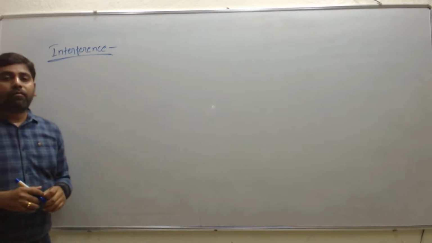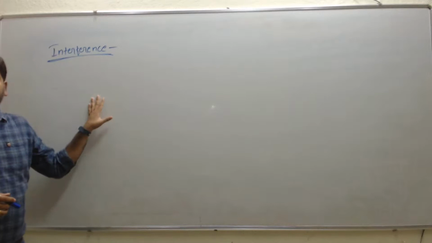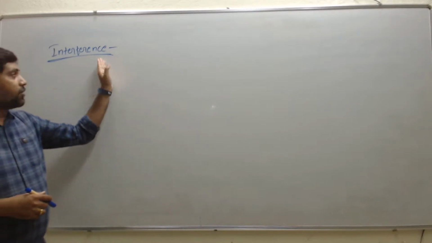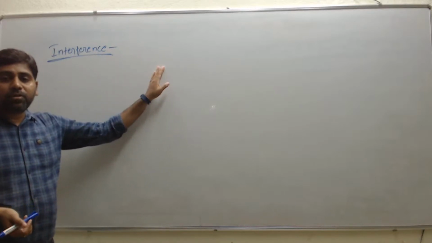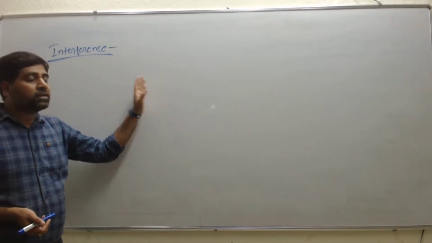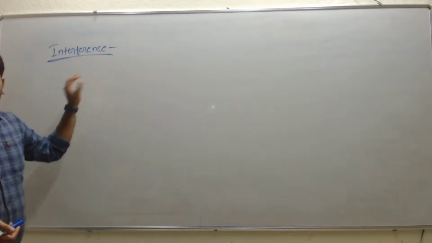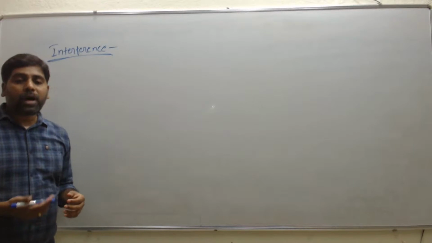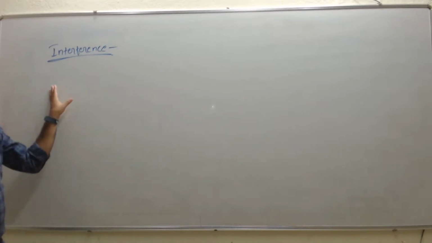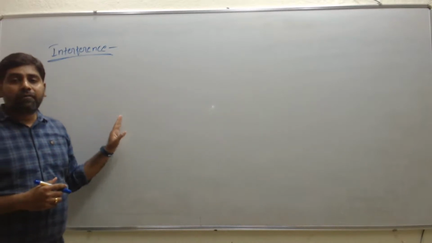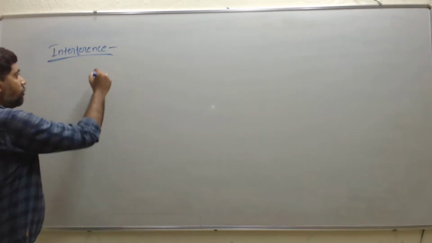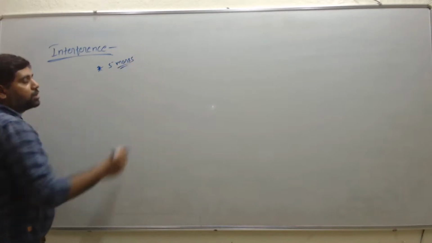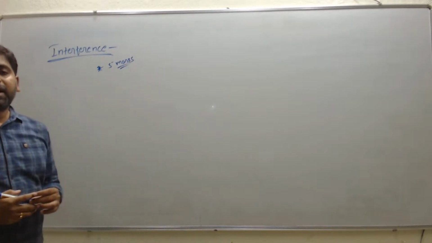In the next class we will discuss the topic interference, and in interference we have constructive interference and destructive interference. Then we study interference in case of phase difference and also in case of path difference. The theory of interference is very important. They may ask for 5 marks.